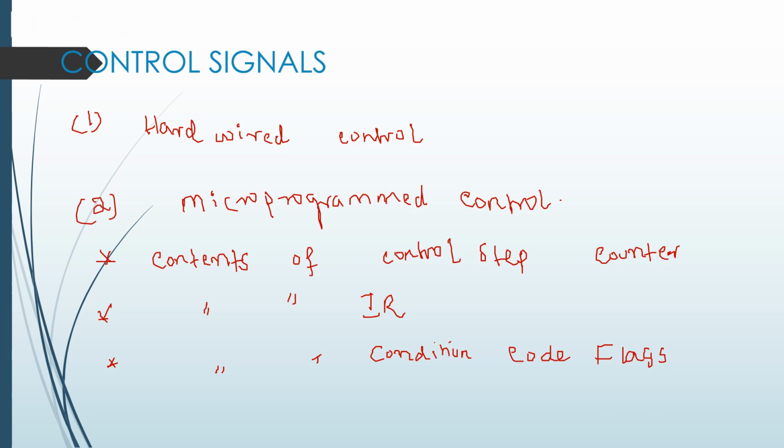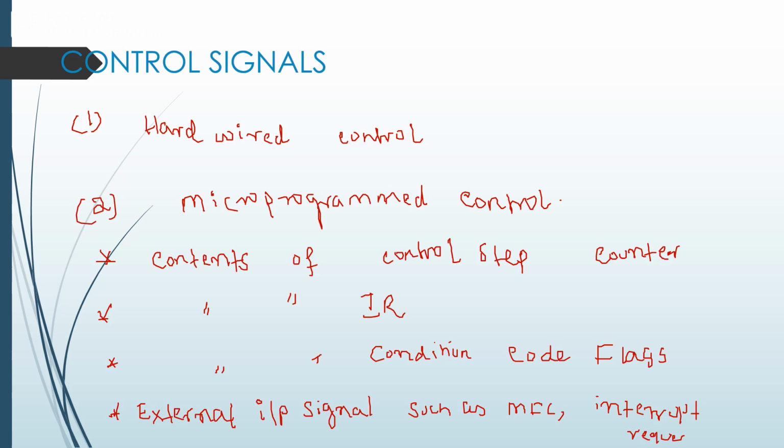And the last one is external input signals, such as MFC and interrupt request. So these are the set of information required in order to generate the control signals.